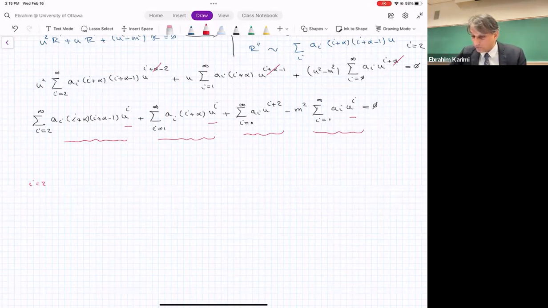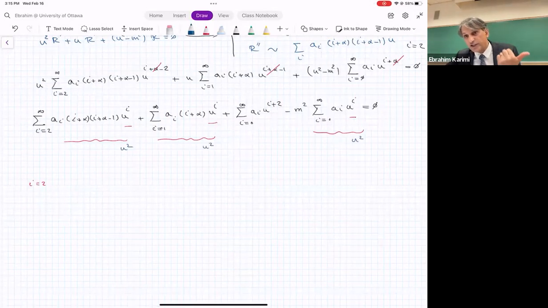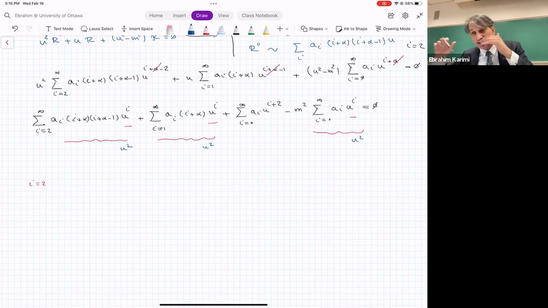While for the rest of them, which I highlighted here, if you look at the power series, that will be u power of 2, that will be u power of 2, that will be u power of 2. Do you agree, guys? This is the only tricky part. So for i from 2 on, 2, 3, 4, 5 until n, I'm not worried, because the coefficients and the powers will be identical. The only problem I have is this term, which I have to handle properly.